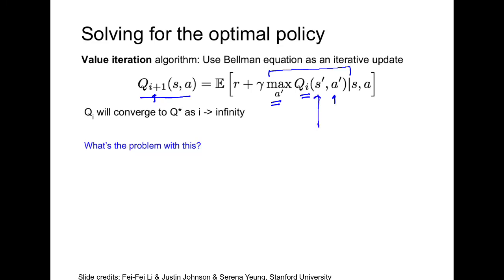So I take the expectation over this random variable s prime, because if I am in state s and take action a, then the next state is random. For each of the possible next states, I find the best action there. And then I also take the expectation over the reward for that action, and I add that up. That's how I update my Q i to Q i plus 1. This is exactly what we discussed before, except that instead of deterministic, we are now using expectations.